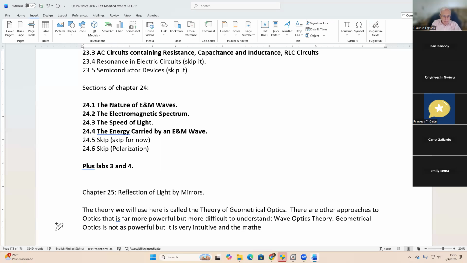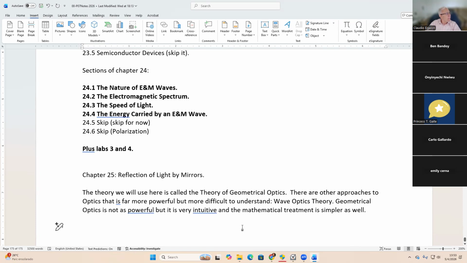And the mathematical treatment is simpler as well.